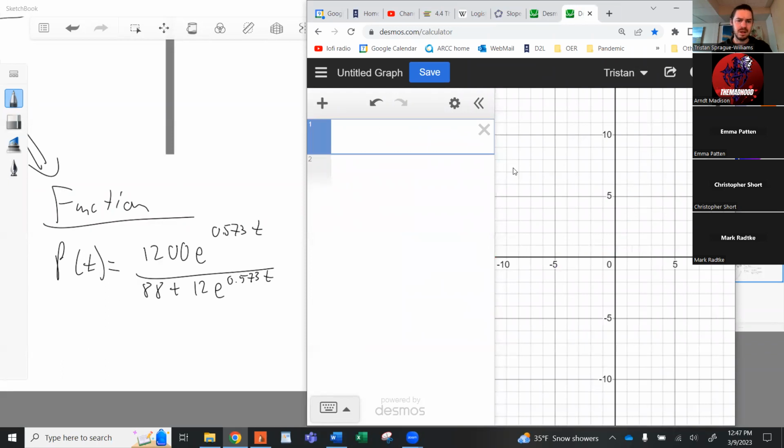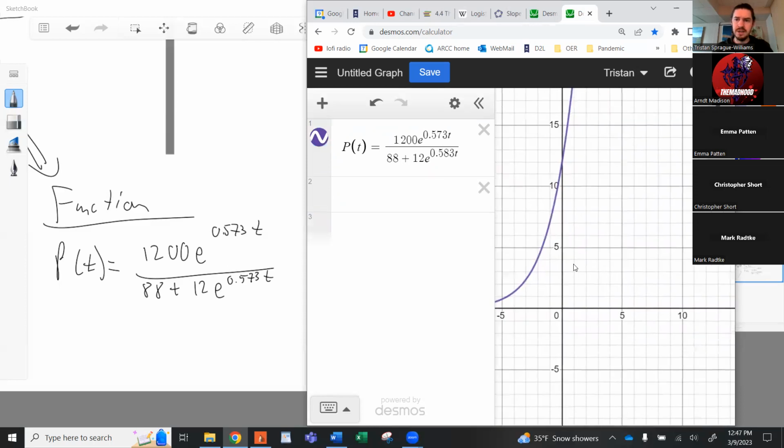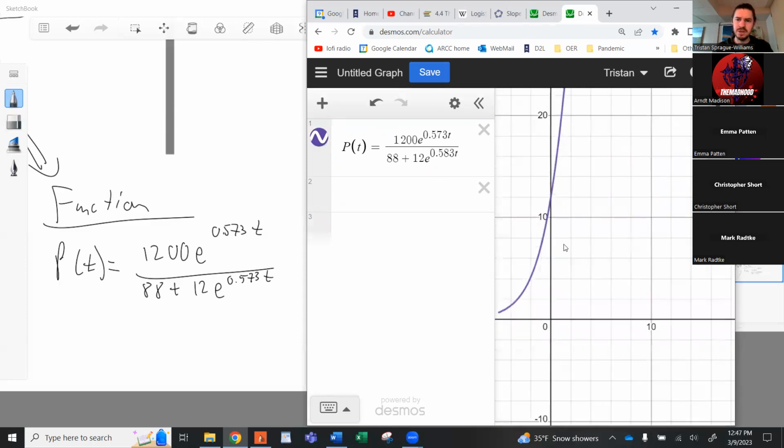Okay, I'm going to get a completely fresh thing here. I'll call this P of t. I've got 1200 e to the power 0.573 t over 88 plus 12 e to the power 0.573 t. So there is our lovely function.